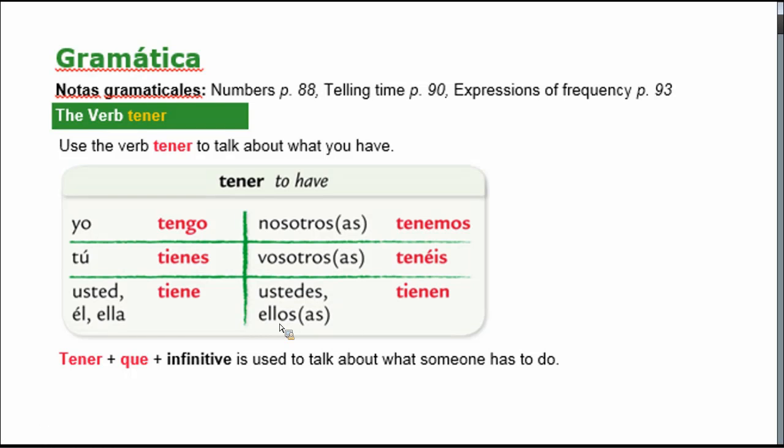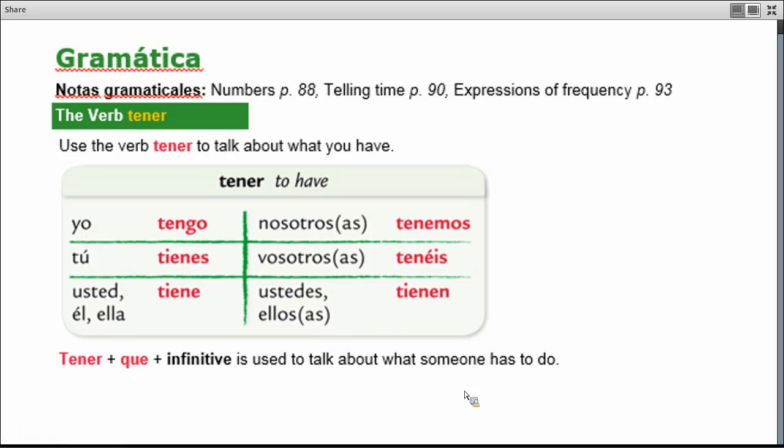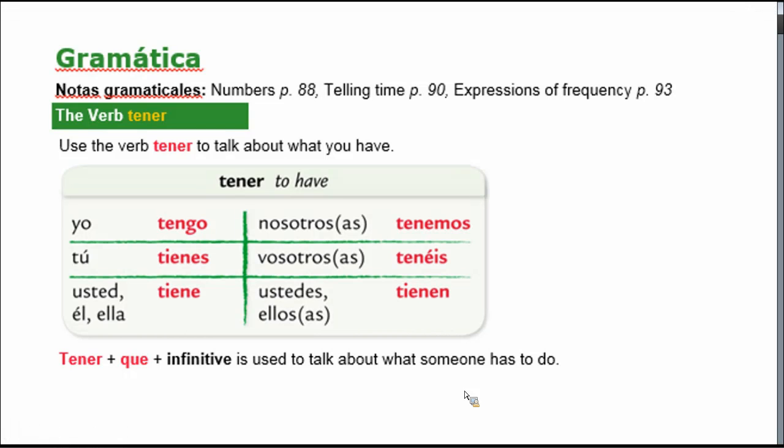Okay, and then here at the bottom of our chart, we use tener, or the conjugation depending on who's talking, right? Plus the word que, plus the infinitive form of the verb. That's the form of the verb before it's conjugated. Usually it ends in -er, -ar, -ir, right? Okay.